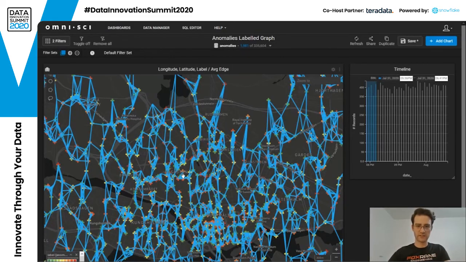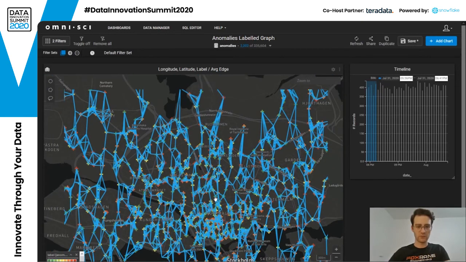Let's go ahead and take a look at the output of a pre-trained model. So this representation looks very much like the one we were looking at before, but now we have a time component. So we used past data to train a model to predict the state of its node when some changes happen in the network.